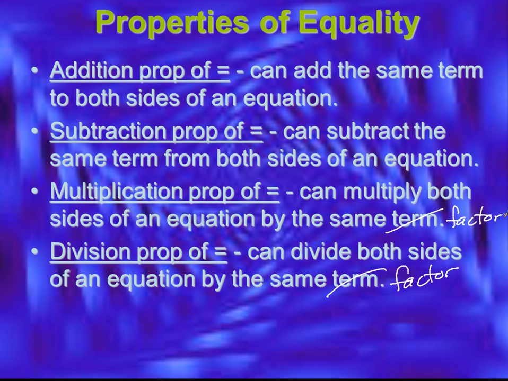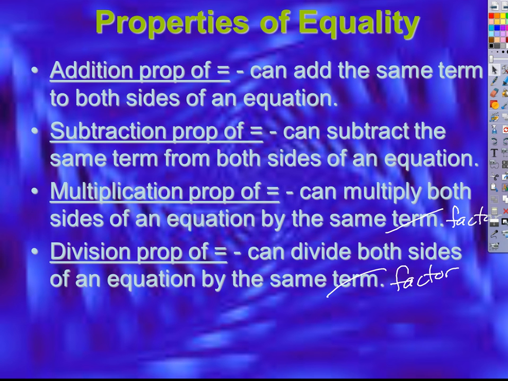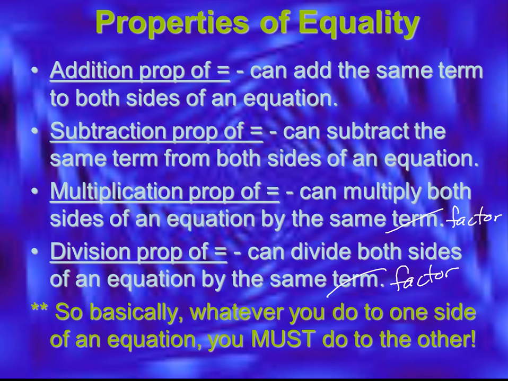Things that are multiplied or divided are called factors. But all these fancy formulas really just boil down to what you already know: with an equation, you just have to treat both sides equally. What you do to one side, you have to do to the other side, right? And we already know that about equations.